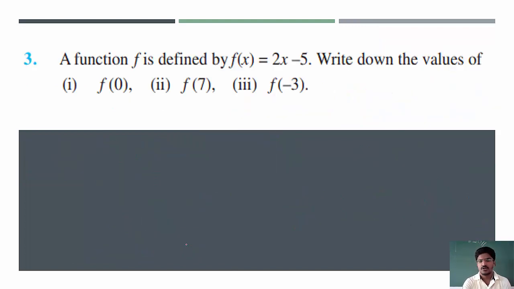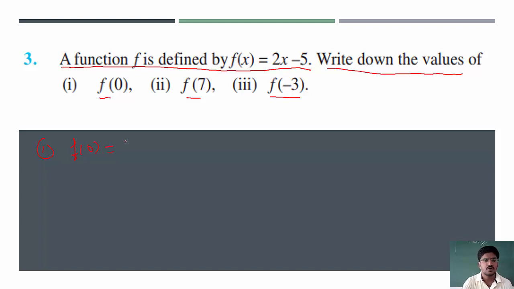Clear? So what is the next problem? See here. A function f defined by f of x equal to 2x minus 5. Write down the values of f of 0, f of 7, f of minus 3. No problem. So the first one is f of 0.